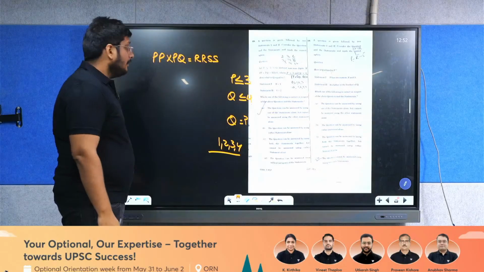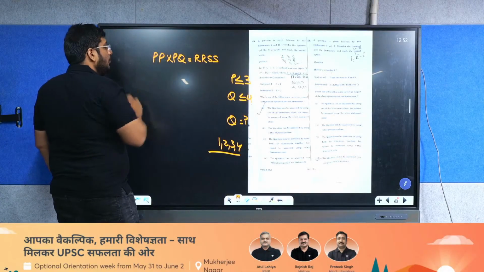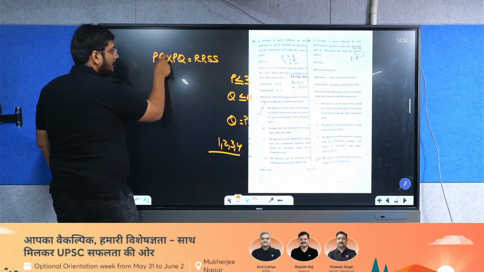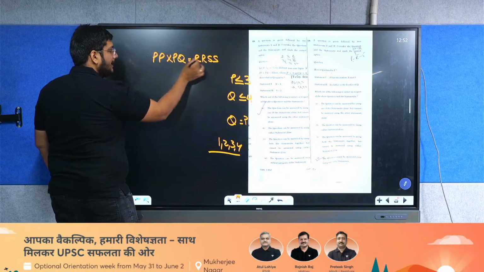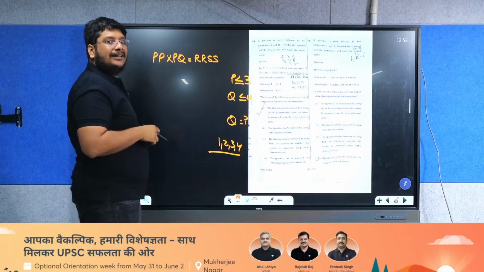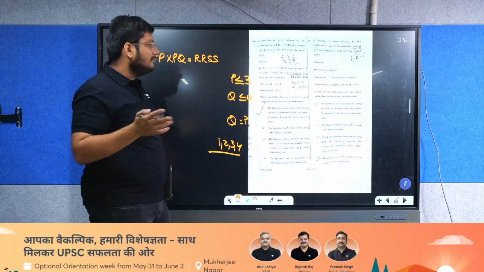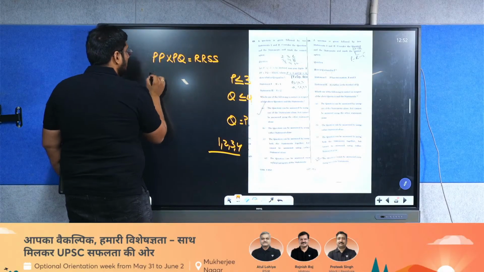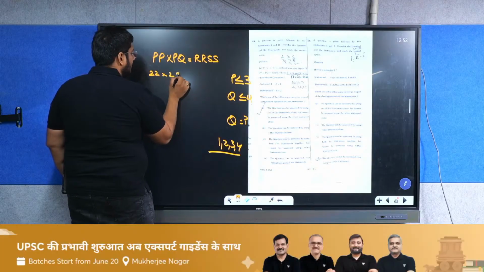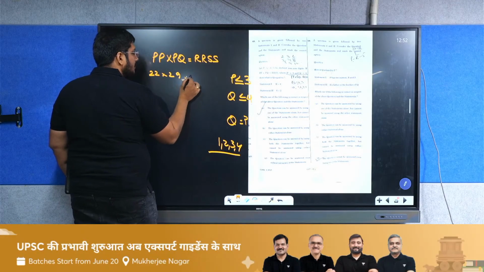If I take P to be 1, it is 11 into 19 at maximum. Can it be a 4-digit number? 11 into 20 is also only 220. So 1 is not possible. 22 into 29, and 22 into 30 is also 660, but I need a 4-digit number.